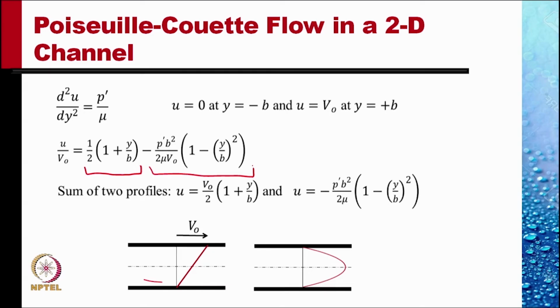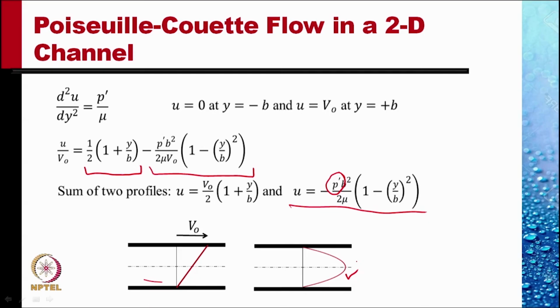The second part is the velocity profile between two parallel plates because of a pressure gradient P prime. To obtain this flow, P prime should be negative, so minus P prime would give you a positive velocity.